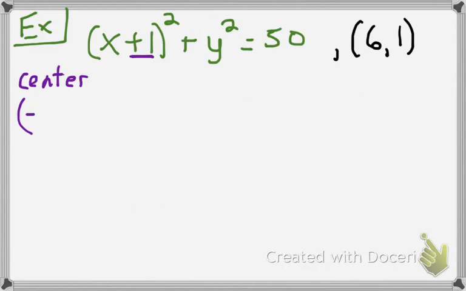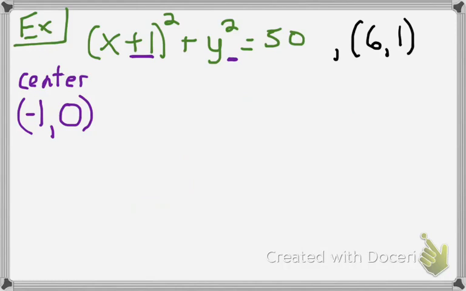Remember, if I'm going to figure out the x coordinate of that, that'd be negative 1, just the opposite. I have no K, which is okay. So my center is negative 1, 0.